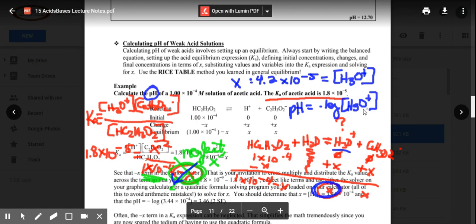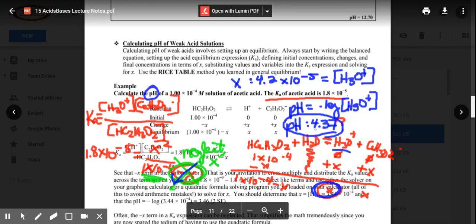So what I'm going to do now is plug this number into here, take the negative log of that, and that will give me my answer for my pH, which ends up being 4.37. So that is our final answer for the pH of this weak acid, which is acetic acid.